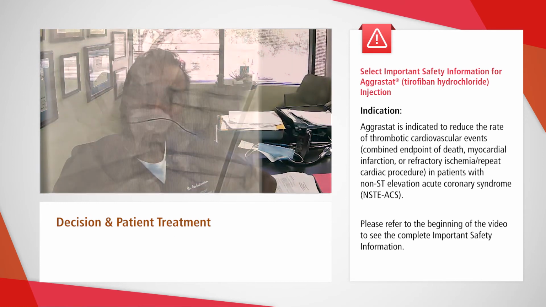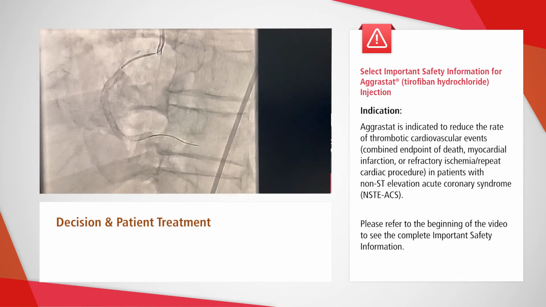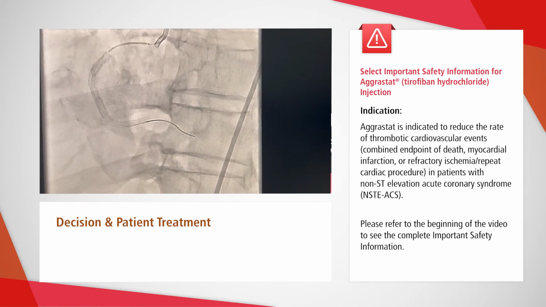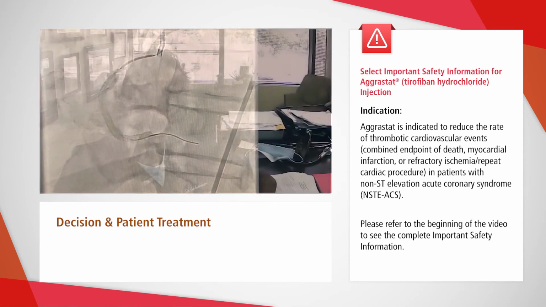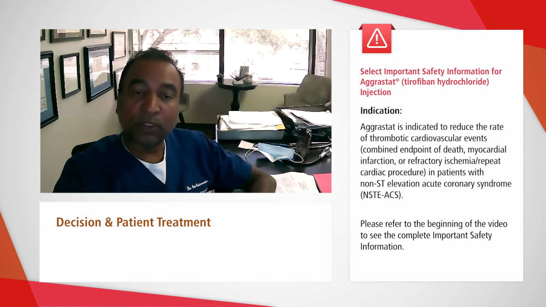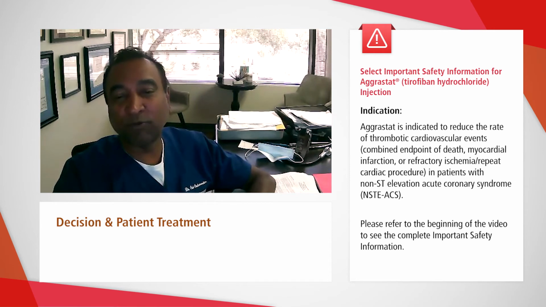The RCA was then stented with overlapping 3.0 by 30 millimeter, followed by 3.5 by 38 millimeter and 3.5 by 24 millimeter Resolute Onyx drug-eluting stents from the distal portion all the way to the proximal portion. The stented segments were then post-dilated according to the IVUS measurements with 3.5 and 4.0 millimeter non-compliant balloons aggressively.